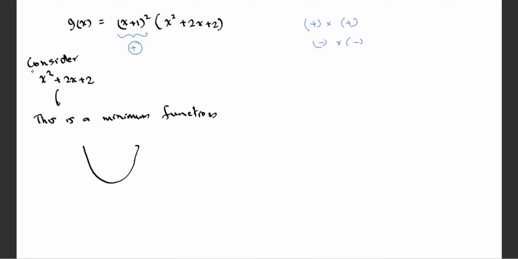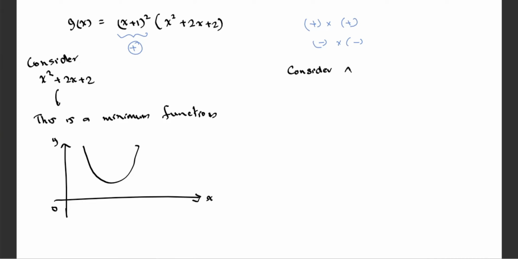If you want to say this whole thing is positive, the graph will lie above the x-axis. This means there will be no roots. The definition of root is where the graph touches the x-axis. If this is positive, the graph will not touch the x-axis, which means there will be no roots.